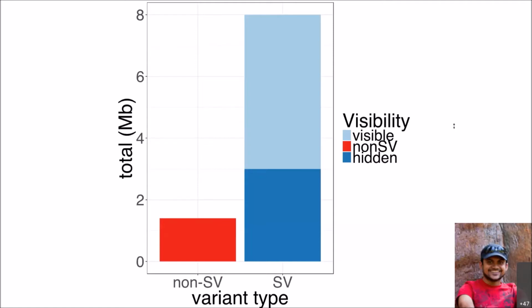You'll notice that there's more than twice as much variation in that category as there is in all of the non-SV variation. Of course, we could see quite a bit of structural variation before we even got to PacBio and long-read sequencing, and that's the very large light blue bar. But it is nice to be able to detect most everything with one single platform.